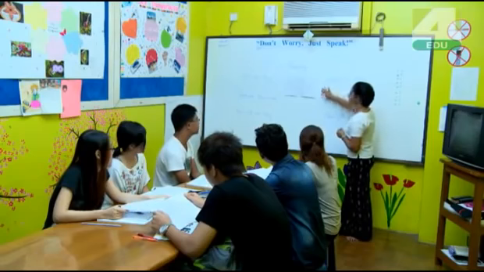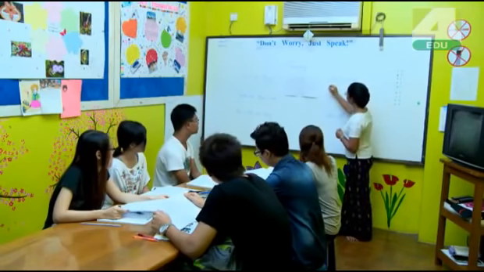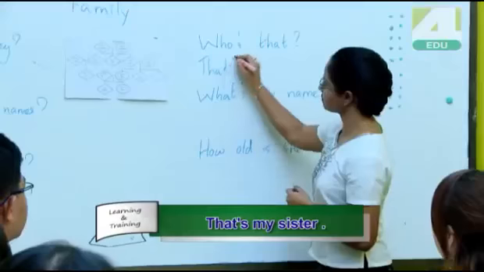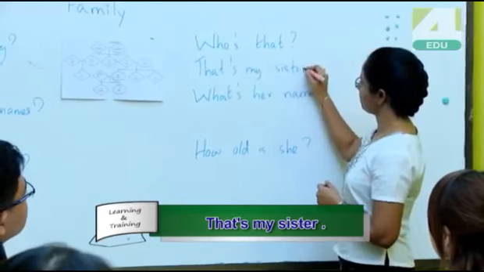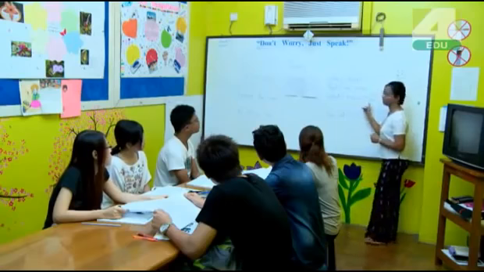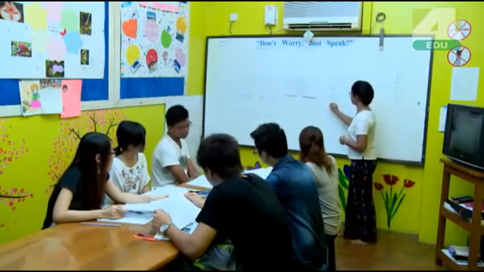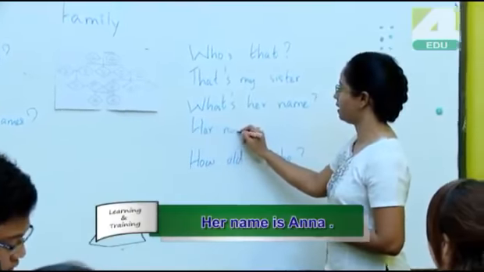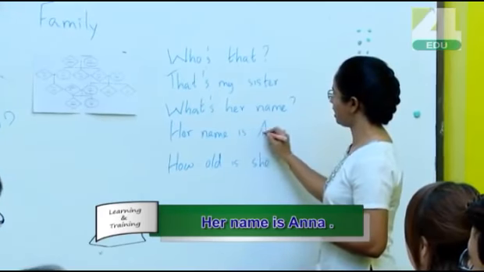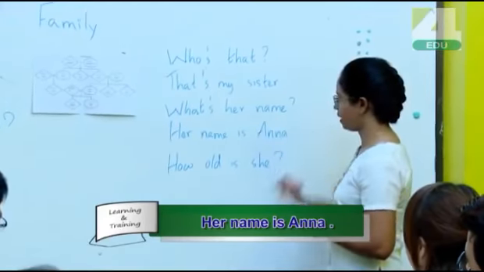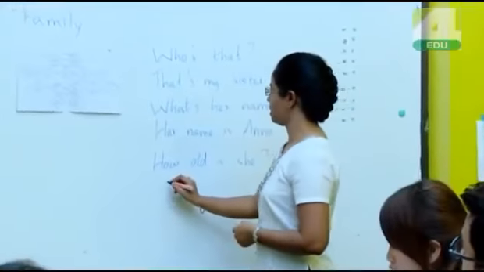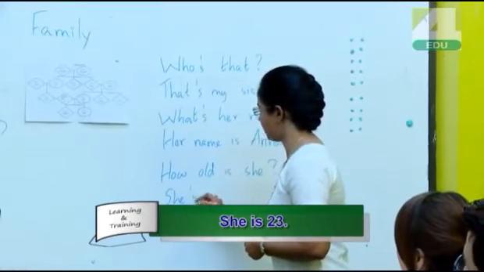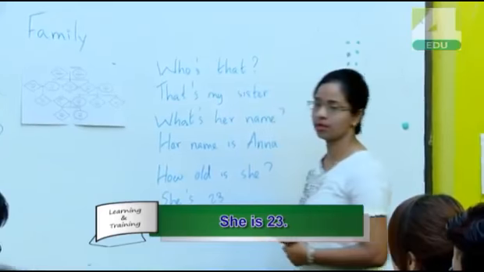Yeah, she's my sister. Or another one you can say, that's my sister. Good. So what's her name? Her name is Anna. Okay, so how old is she? She is 23.